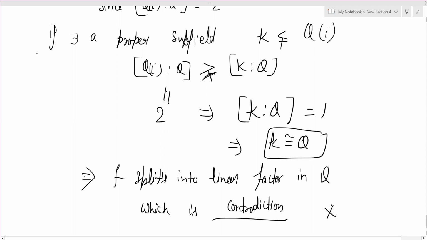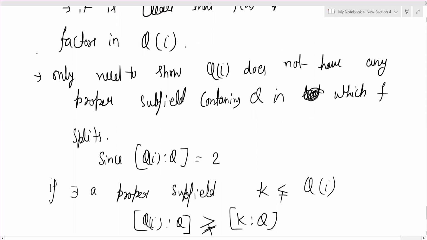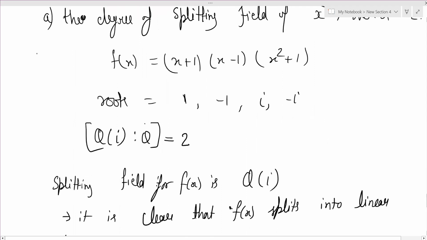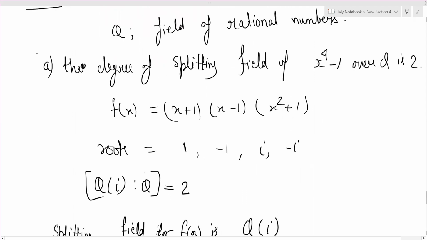Agreed or not? So this is the justification. So Q(iota) is a splitting field, and this is a degree 2 extension.